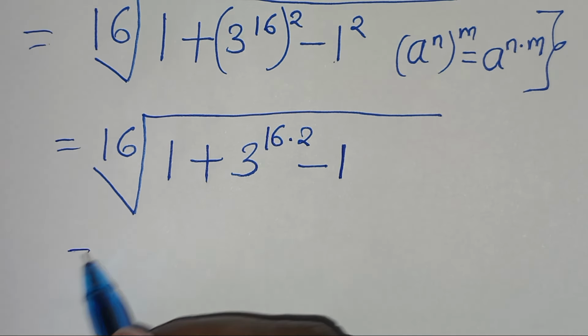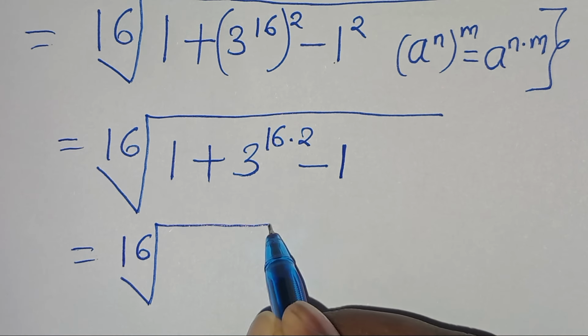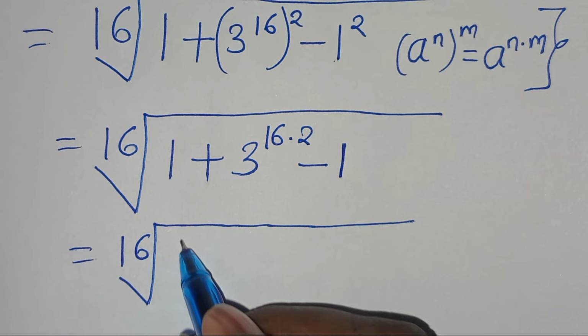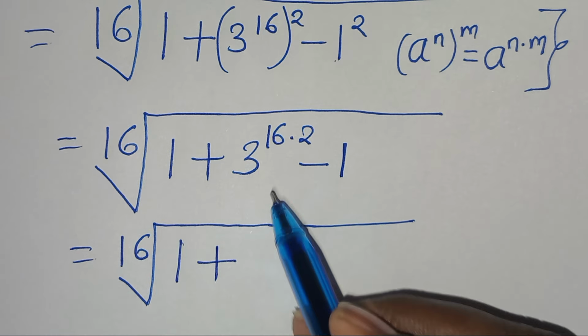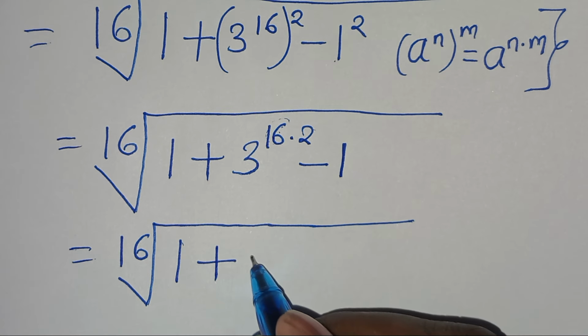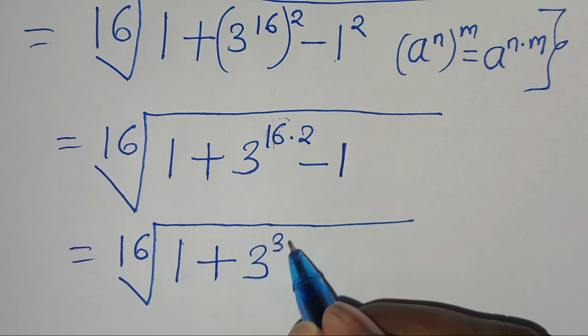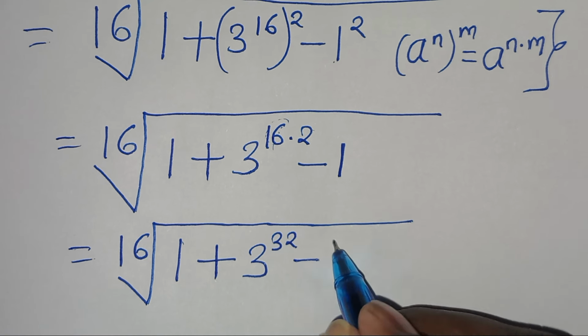So we have the 16th root of 1 plus 3 to the power of 16 times 2, which is 32. Then subtract 1.